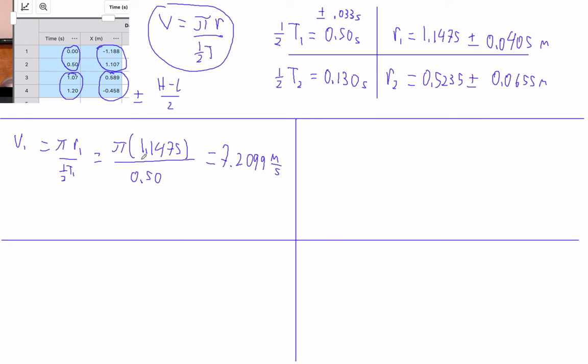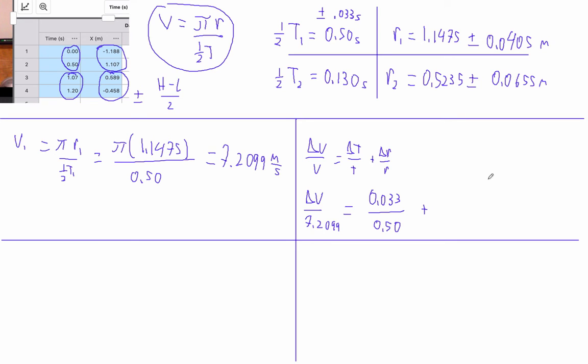Okay. Now to find the uncertainty of that, I'm just going to go uncertainty of V over V is the uncertainty of T over T plus the uncertainty of R over R. Okay, periods, right? Or the half periods, or it doesn't really matter, okay? So I'm going to say the uncertainty of my velocity over 7.2099, right? That equals, and then my uncertainty of time is 0.033 divided by 0.50, okay?